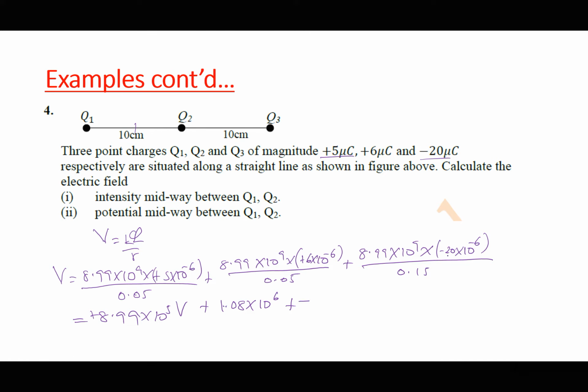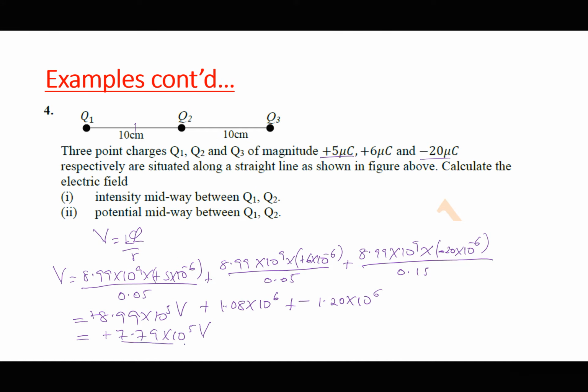This is most likely going to be minus because of this minus here. So this is minus 1.20 times 10 power 6. And when you press your calculator, the calculator is giving me a positive 7.79 times 10 power 5 volts.